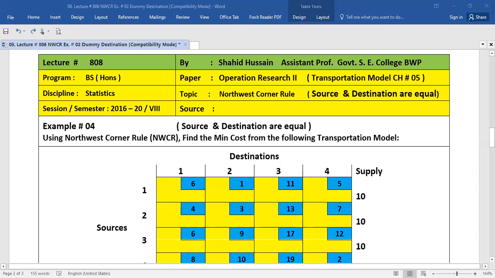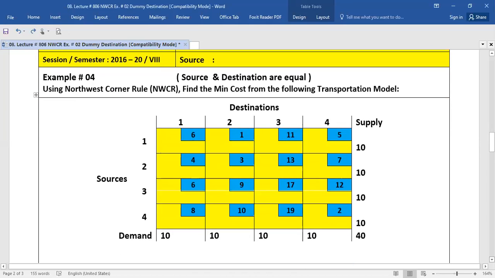This is a very important example, and for all the initial basic feasible solutions, it would be helpful. So here we see that the model is balanced.